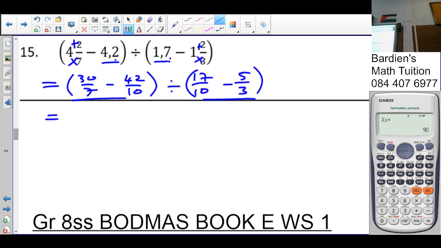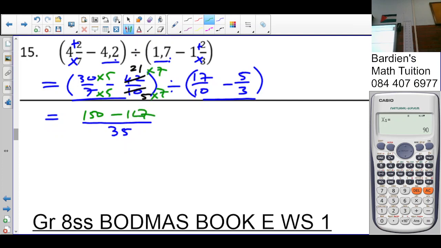70. However, if I simplify this here, this is going to give you 21 over 5. What's my LCM now? 35. Can you see it's smaller? So I'm going to make use of that. So 35 is my LCM. So I must multiply the 30 by 5, which is 150. Not so? Minus, you must multiply that by 7.